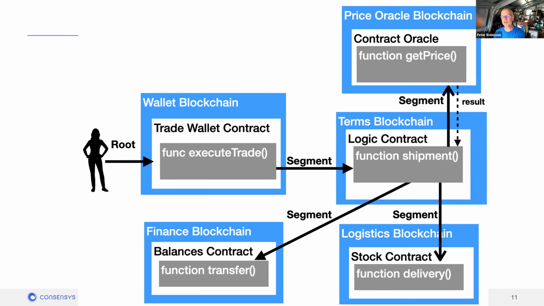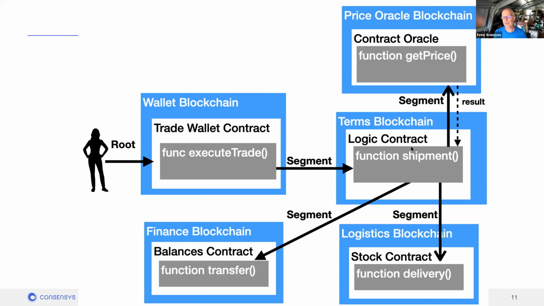So execute trade then calls into the business logic contract and says, we've got a shipment. And the shipment might then call the oracle contract, which gives the current price for the goods. And then given the quantity and the price, you then change the balances by the transfer function, and then you indicate that the goods have actually arrived by the delivery function.